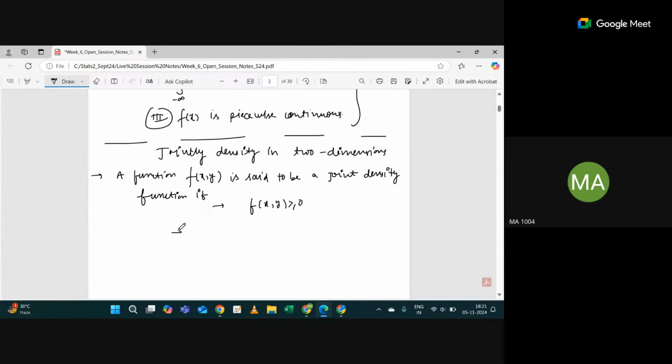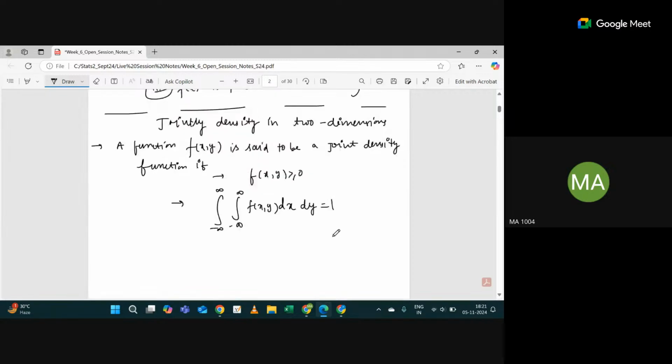Since this is 2D, for f(x,y) one integration sign will be for x, let's say support is minus infinity to infinity, and another will be for y. So you have to do integration 2 times, and this should be equal to 1.